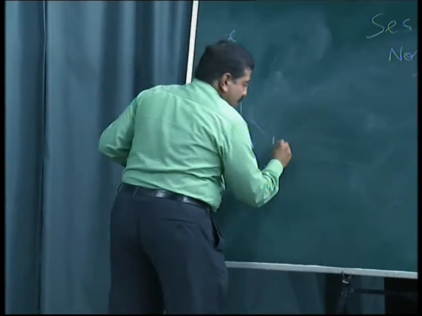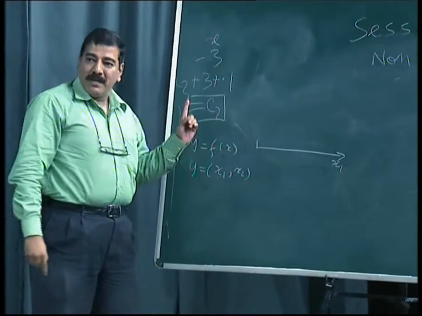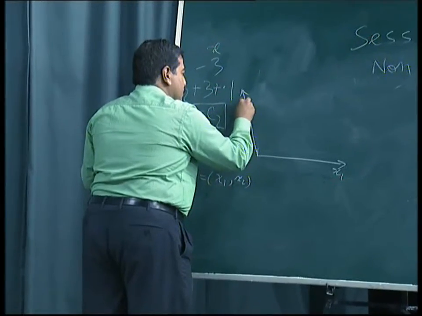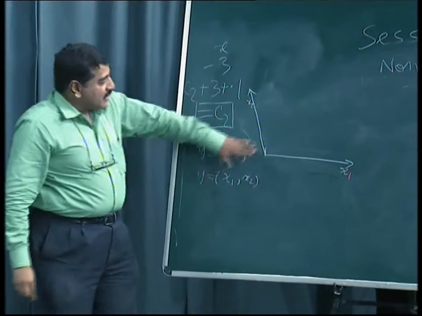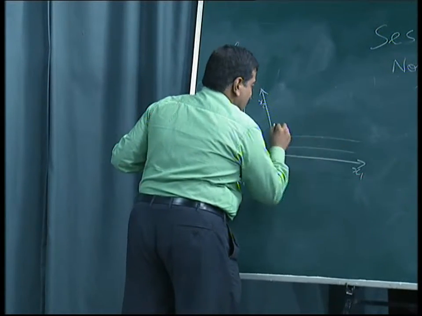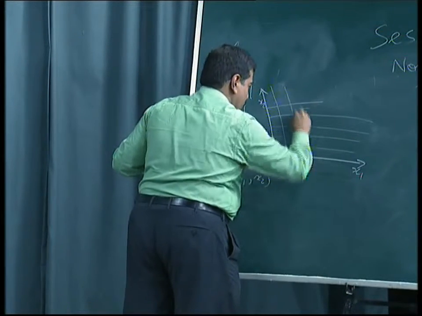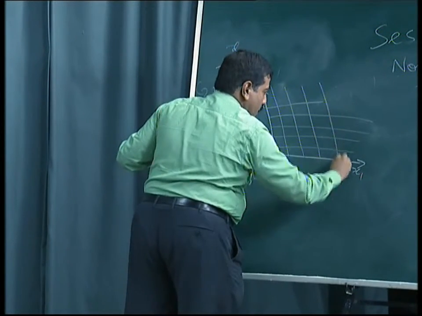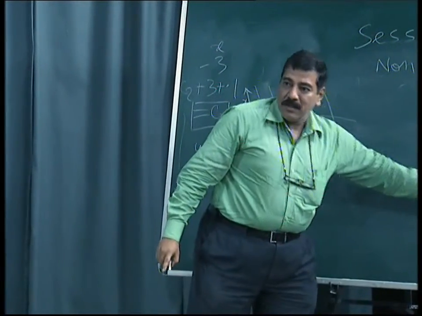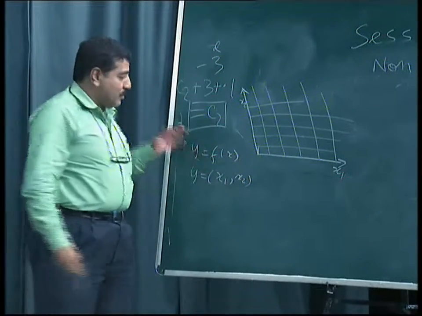So let us instead create our axes and say this is x1, the trick that we applied last time, and then call this one x2. Now what does this plane represent? This plane is actually representing this grid of x1 and x2. Now where will your y value go?